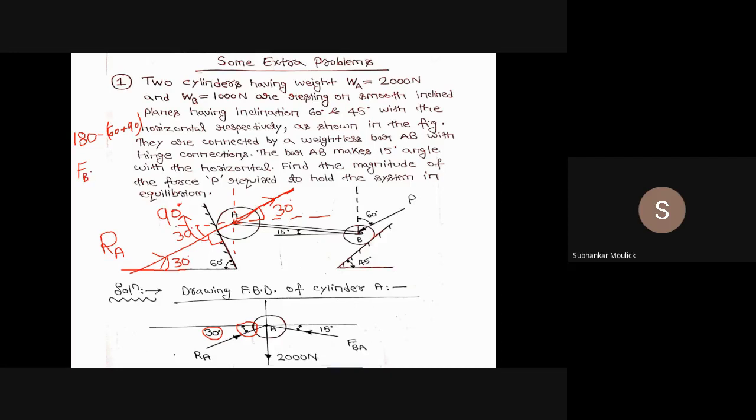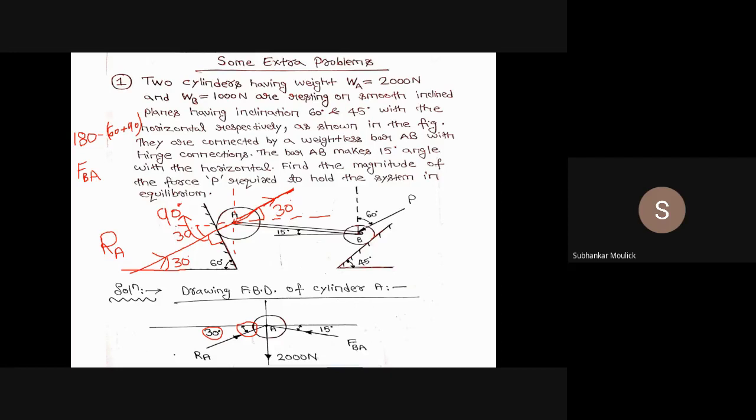FBA. And when we will consider cylinder B, in that case the bar AB is connected from A to B, then cylinder A will give a reaction force on bar AB, and then bar AB will give the same reaction force to the equilibrium point B of the cylinder.